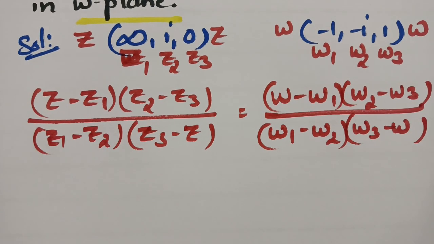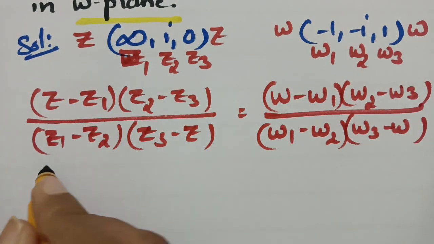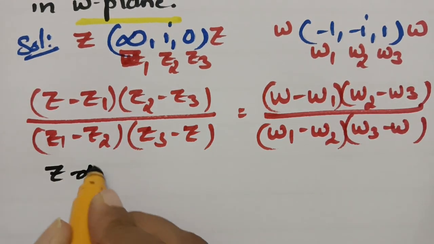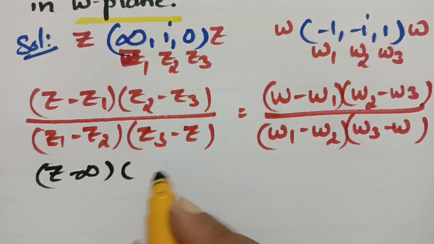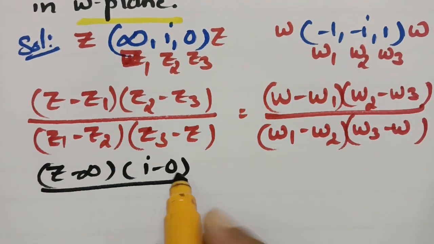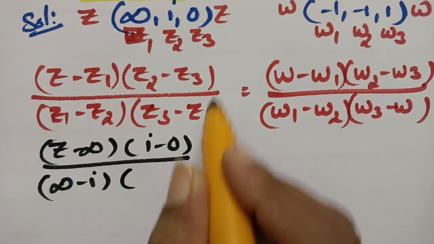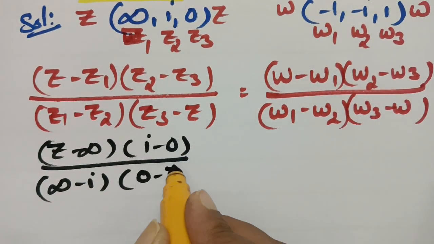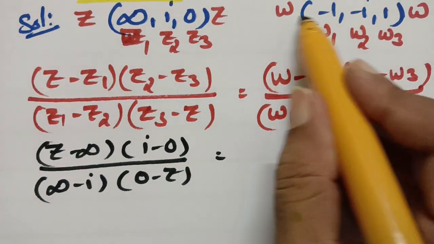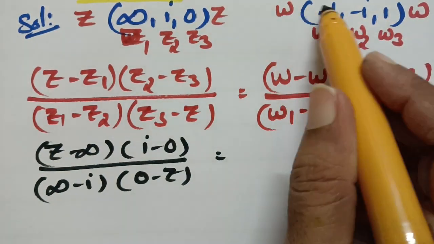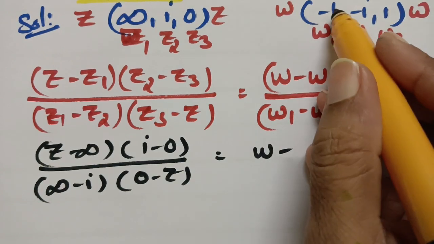So if I substitute, this will be Z minus infinity, and I minus 0. Clear? And next one, here in the denominator, infinity minus I. And the next point is 0 minus Z. And here in the same way, W minus W1, what is W1?